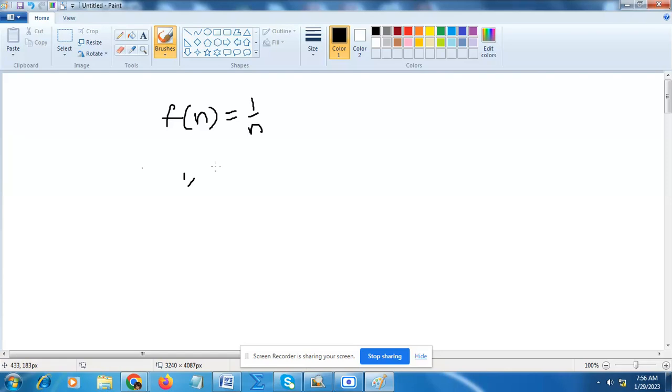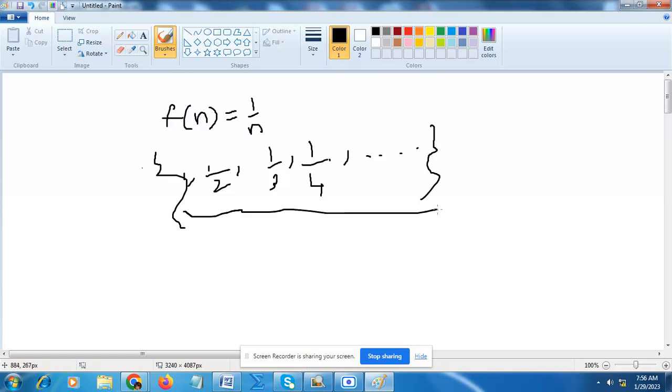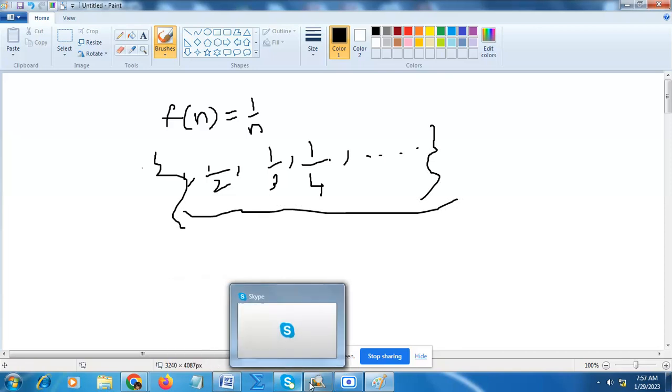So n for 1, 1 by 1 is 1, n for 2, 1 by 2, n for 3, 1 by 3, n for 4, 1 by 4, and so on. This is called a sequence, but whose range is a part of real numbers. This is called a real sequence.